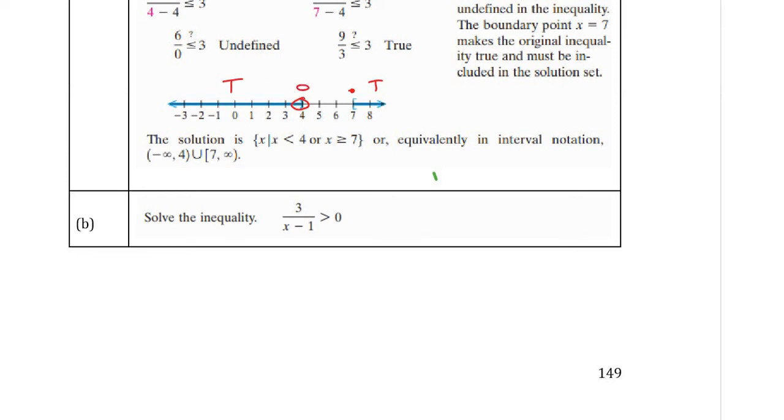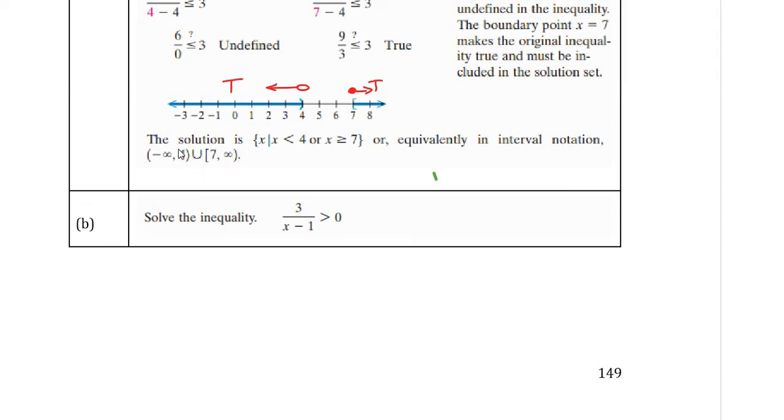Let me put the hole there on top so that we can see it nice and easy. So everything to the left of 4, not inclusive, will be a solution. Everything greater than or equal to 7 will be valid, will make the inequality true.